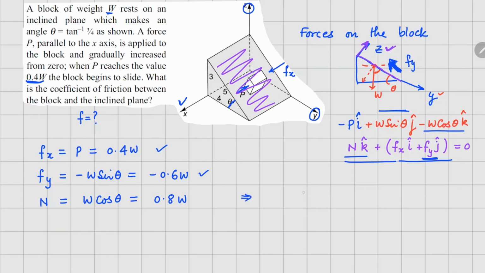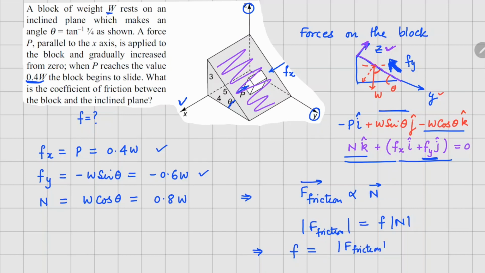Now to calculate the friction coefficient, we can use the idea that the friction force is proportional to the normal reaction force. So if I take the magnitude of this friction force and equate it with the coefficient of friction times the magnitude of my normal force, the coefficient of friction F can be written as the magnitude of friction force divided by the magnitude of normal reaction.